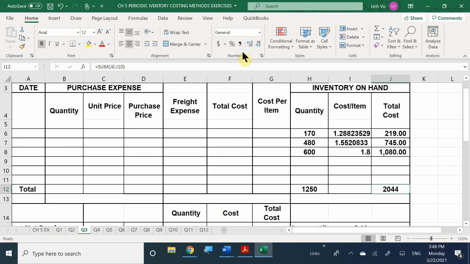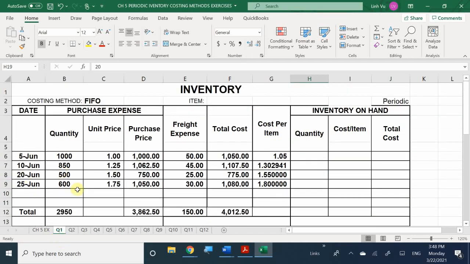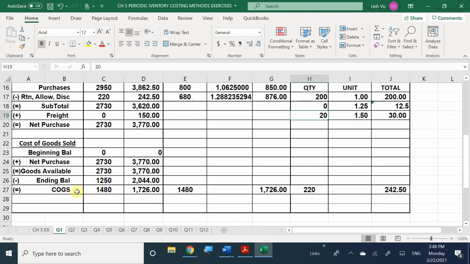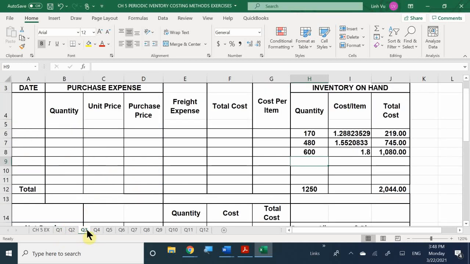Okay, so that needs to match up on both ends, on the beginning of your new worksheet, and also the ending balance on your previous worksheet, because we solved for the ending balance to be 2,044 for the 1,250 items. Okay, so now we can go ahead and proceed to our purchases.